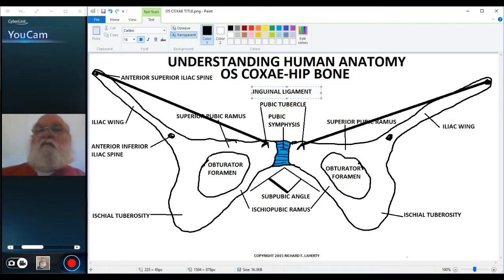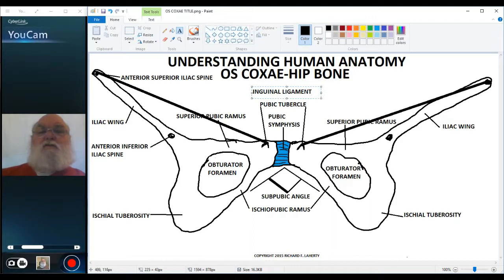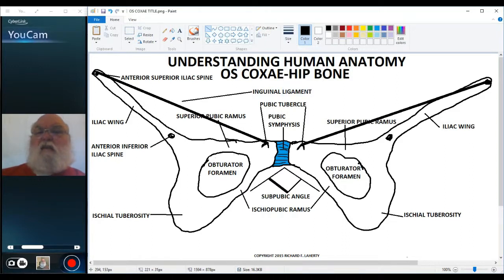And we'll draw a couple of lines to it. Again, on each side.